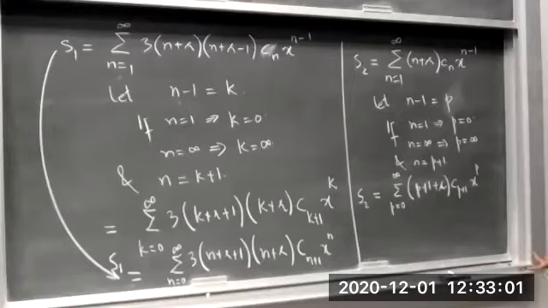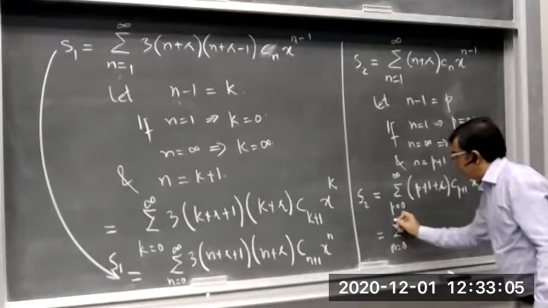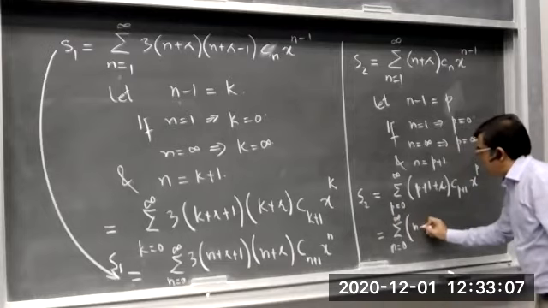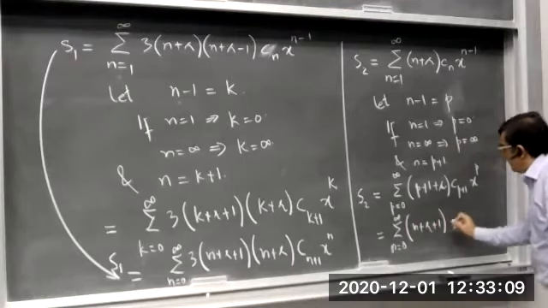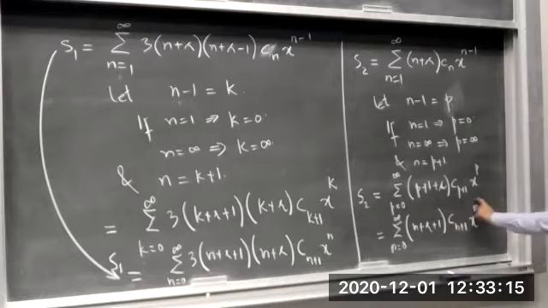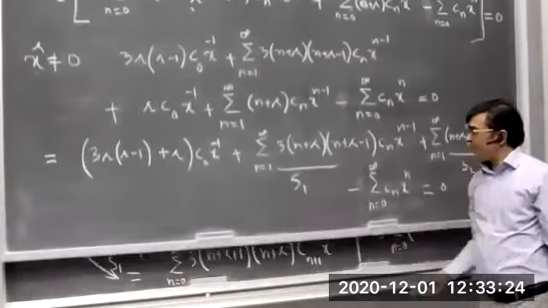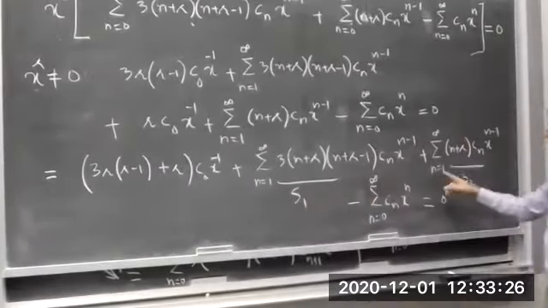Now the index is dummy, so we can write summation n from 0 to infinity, (n plus r plus 1) times c n plus 1 x power n. Now in the second series, the exponent has become x power n as well. Now we are going to insert S1 here and S2 here.